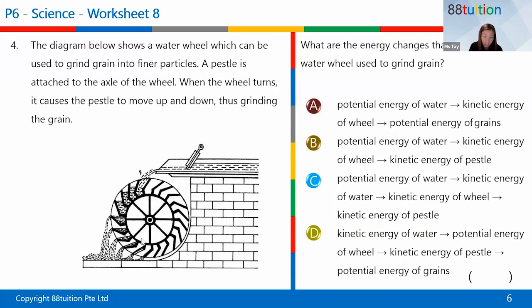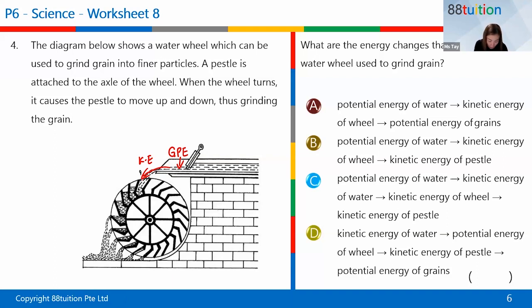The water wheel will work only when the water falls on it, right? So the water, which is trapped at a higher level, must possess gravitational potential energy. When it moves down, definitely it has kinetic energy, right? So kinetic energy of the water.